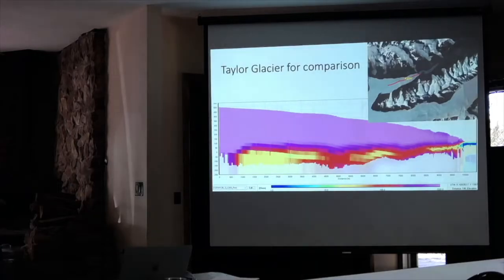I'm going to switch to the EM, and before we switch to the results from the McMurdo Ice Shelf, this one is Taylor Glacier, which is maybe a familiar site if you saw Slavic's talk yesterday, for comparison. So this is a cross-section along this line. The colors indicate the resistivity on the log scale down here, and this will be the same scale for all the images.